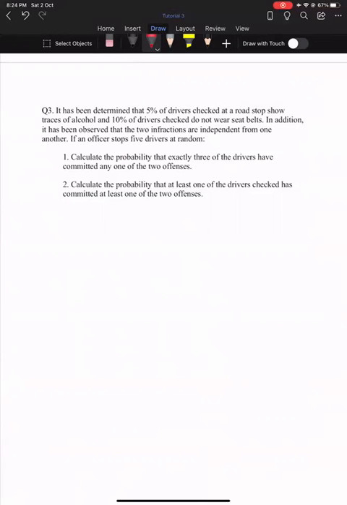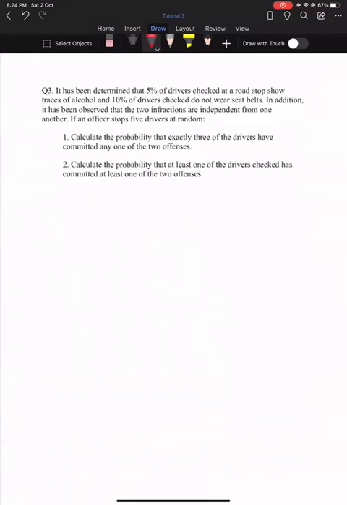So guys, if any of you have done it, can you tell me how we should go about it? If you want to, and I'll attempt it. Okay, so it has been determined that 5% of drivers checked at a road stop show traces of alcohol.